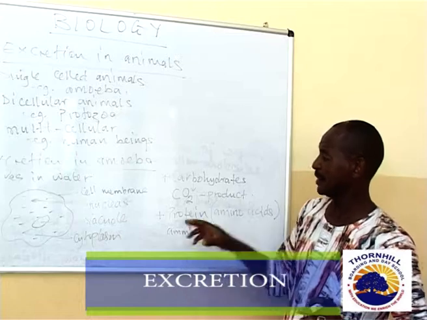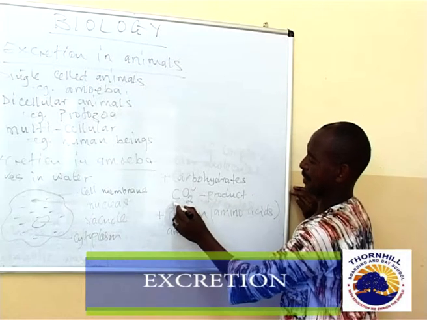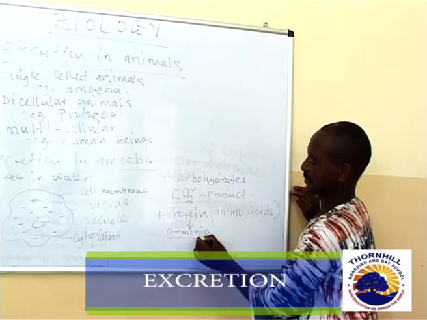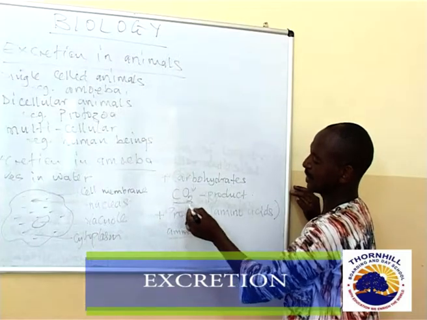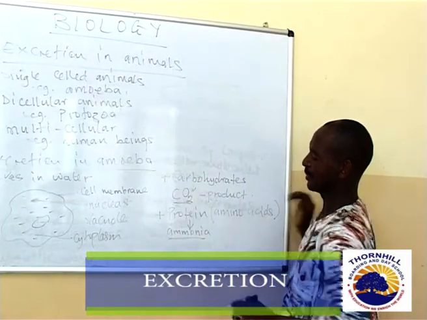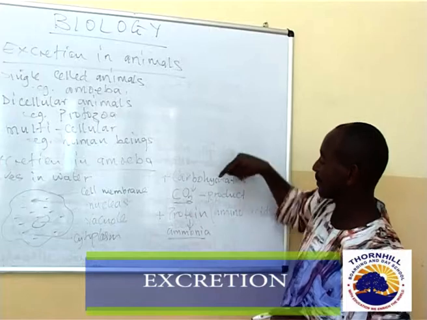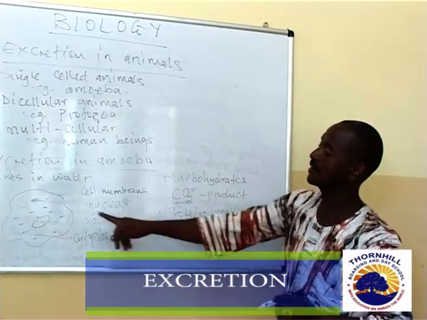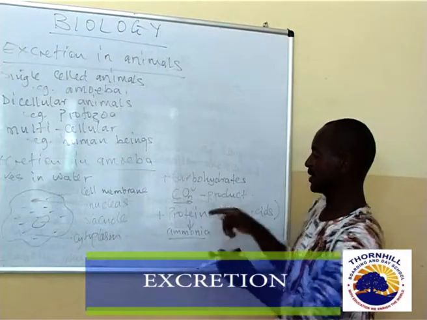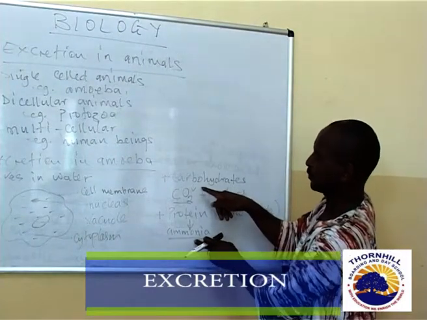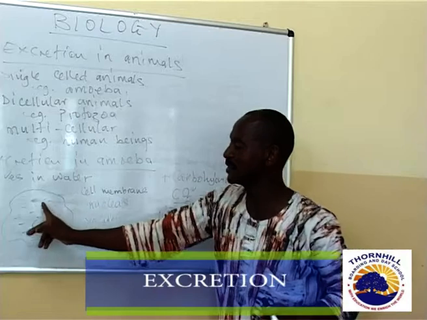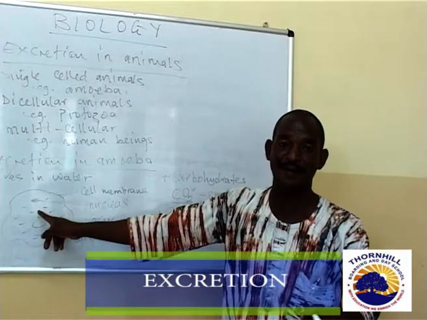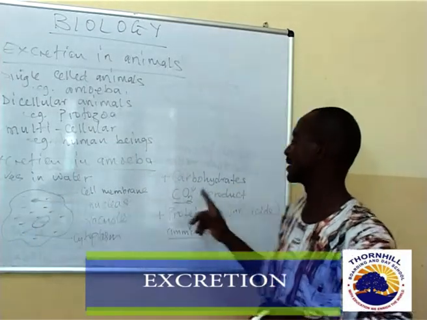You find that these are the end products. The carbon dioxide and ammonia are the end products of carbohydrate and protein metabolic reactions in this amoeba. These are waste products which would not remain in the body or in this cell of the amoeba. They have to be excreted.